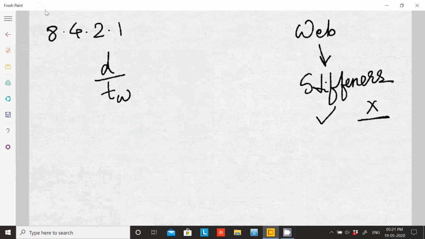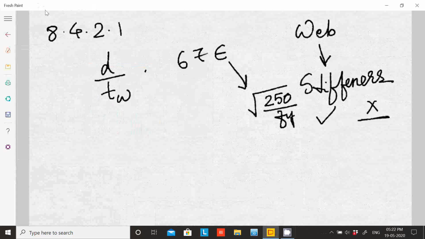So if we don't have stiffeners, then we have to check this d by tw with this 67 epsilon. This epsilon is again root 250 by fy, which is equal to 1. So this is 67.